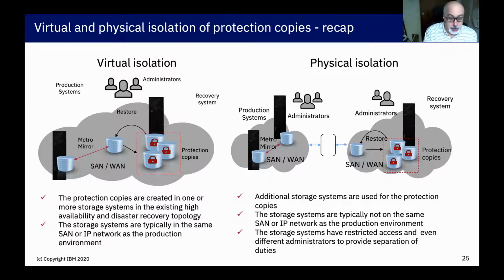Whether that's the live production copy or a DR copy in a third site somewhere, it doesn't matter. It's still in the same physical footprint as one of your copies of HADR. So in this example, in a Metro Mirror context, the Metro Mirror secondary, for argument's sake, is in the same box as the safeguarded repository.